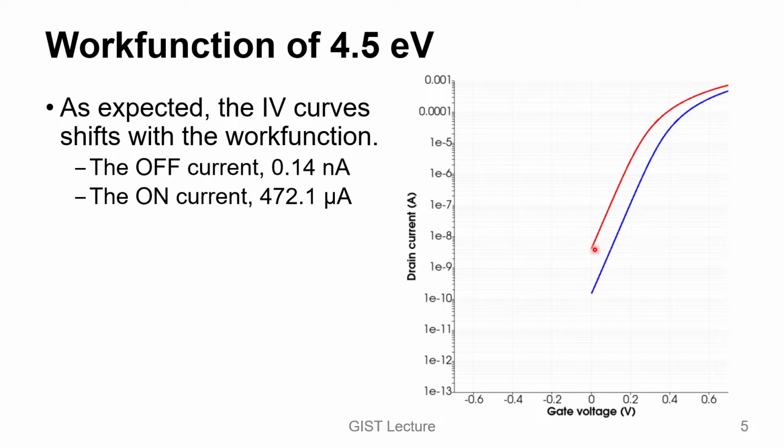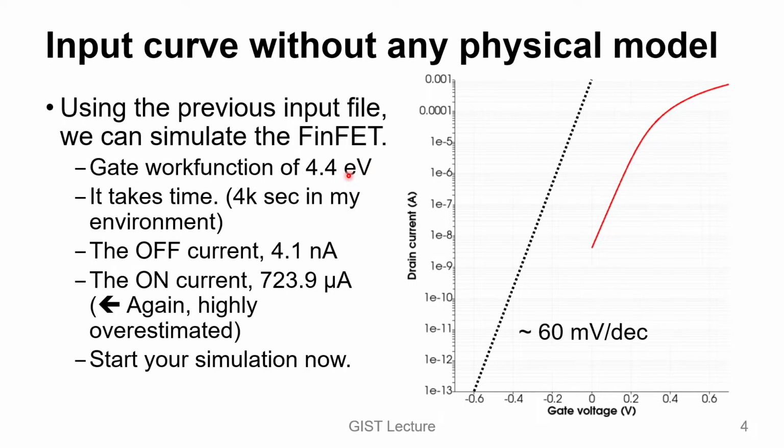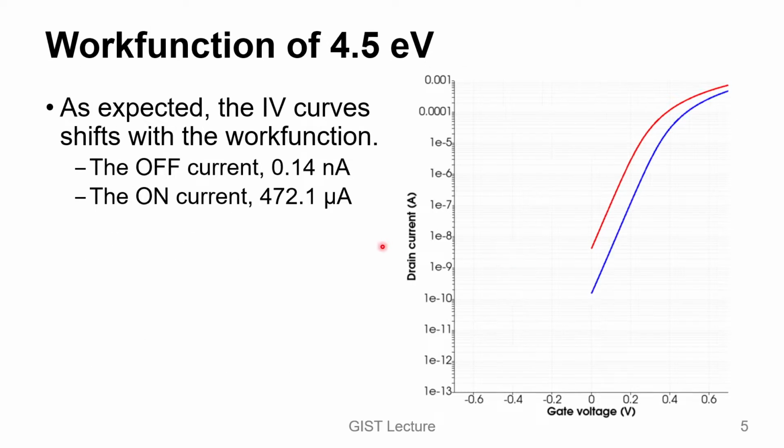Since we have made a parallel shift, off current is reduced by more than 10 times, because this subthreshold slope is quite close to 60 millivolt per decade. So if we have 100 millivolt, then that can introduce more than 1 decade difference in our subthreshold current. But on current is not that much reduced, because this is nothing related to this exponential behavior.